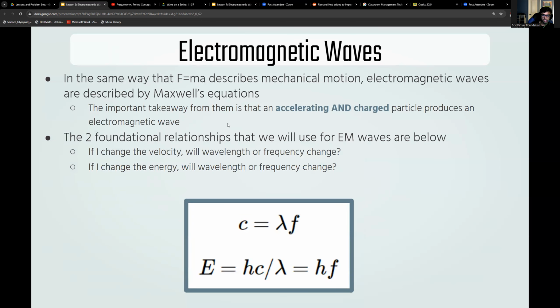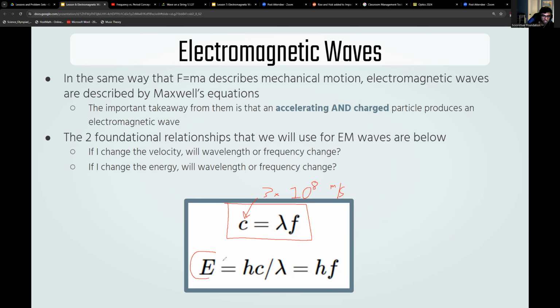The two foundational relations that we're going to use for electromagnetic waves, which require some stuff that we're not going to get into, are the below. This is just the equation we showed on the previous slide: wave velocity equals wavelength times frequency, where the velocity is the speed of light c, which is 3 times 10 to the 8th meters per second.